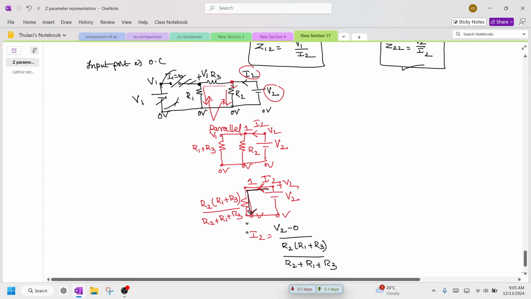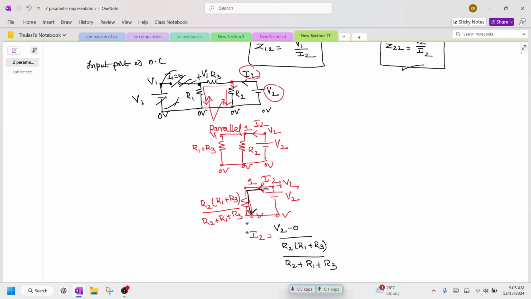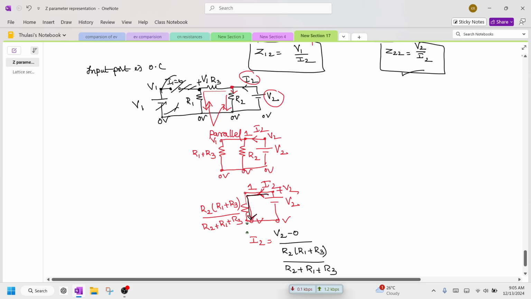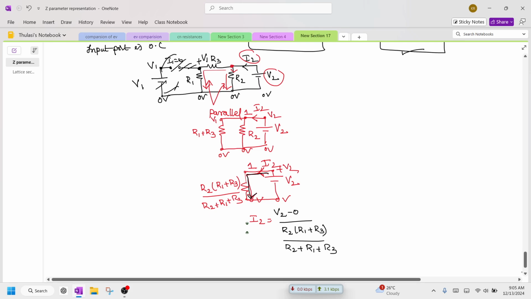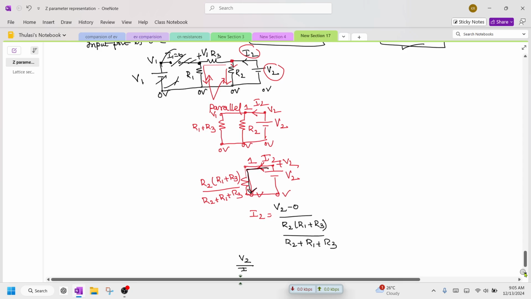But what ratio do we require? We require the ratio of V2 by I2. So this I2 will come to the denominator.